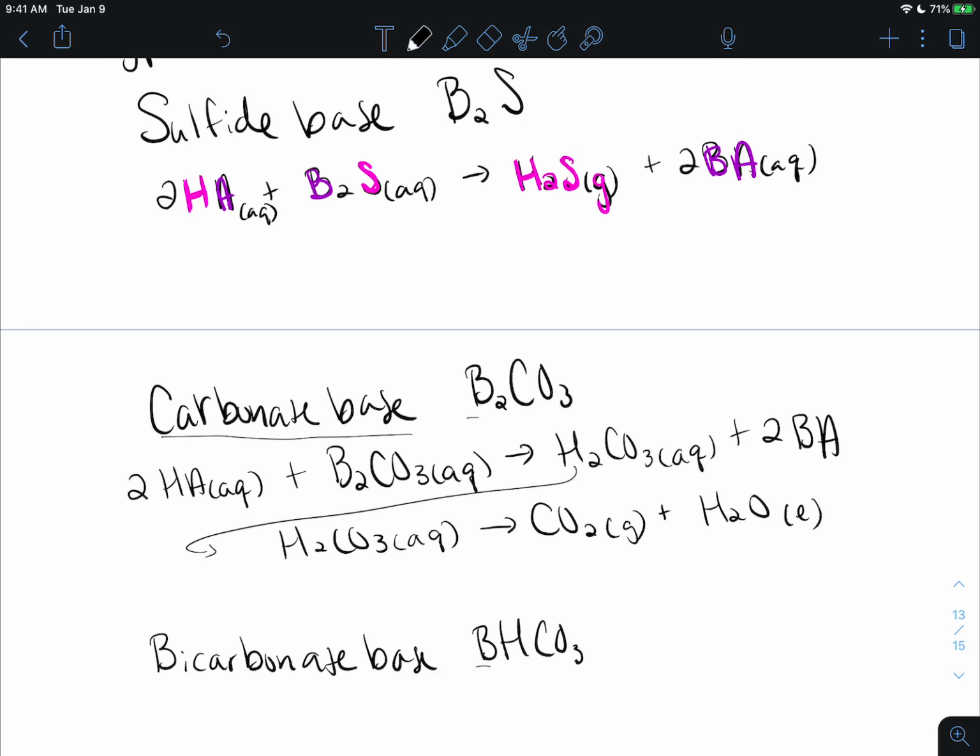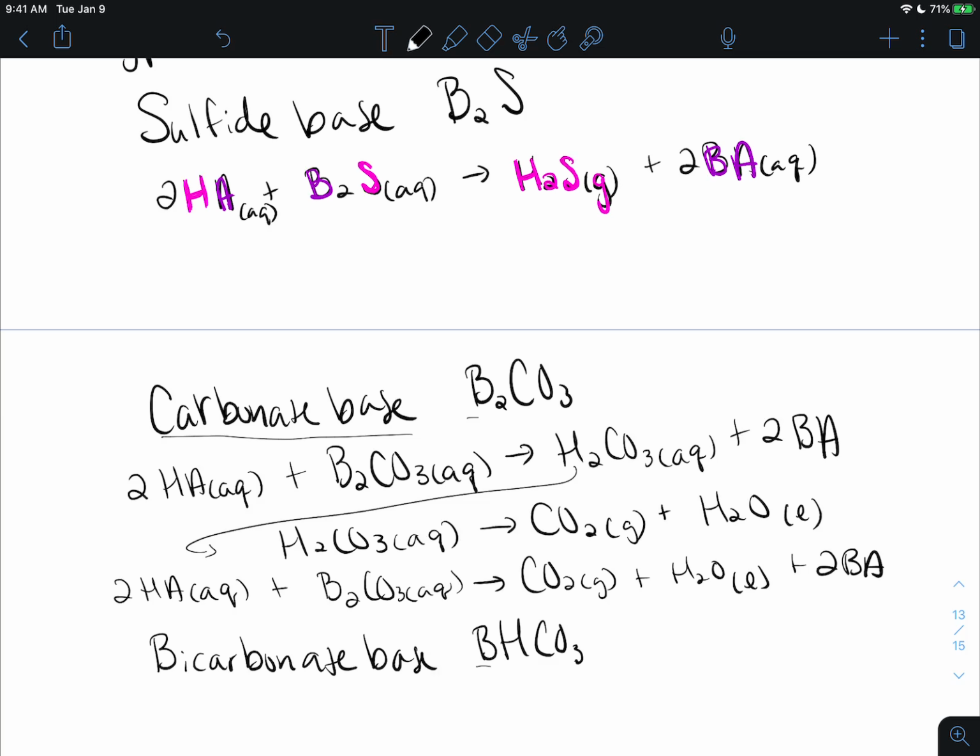Okay, so overall, we have 2HA plus B2CO3 (aq) goes to CO2 (g) plus H2O (l) plus 2BA.